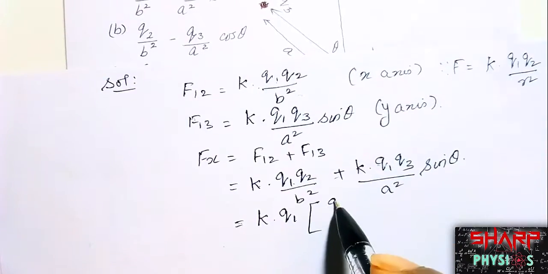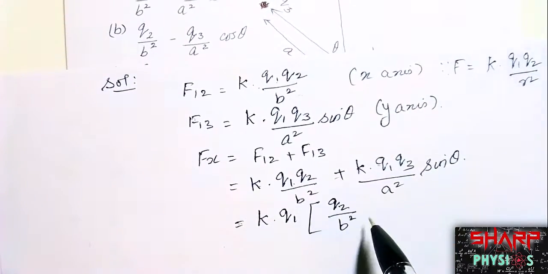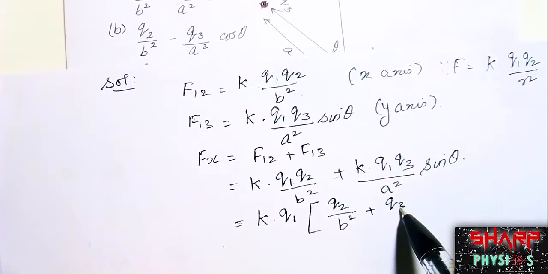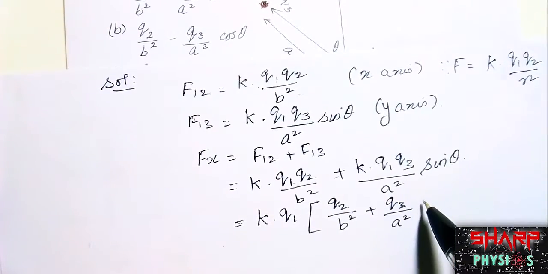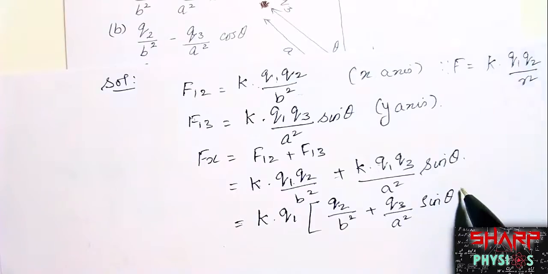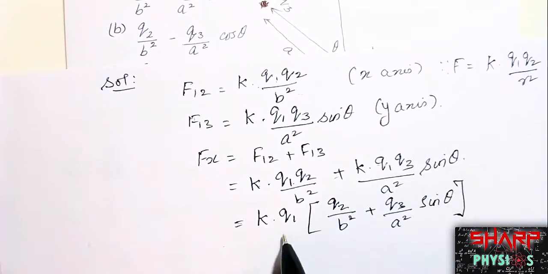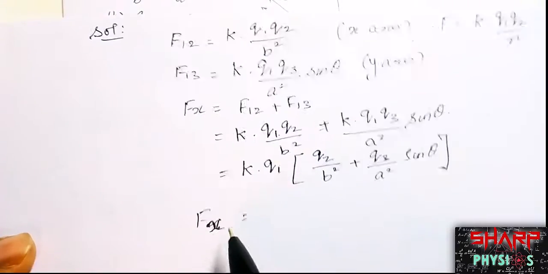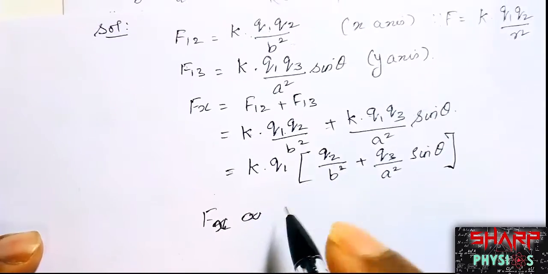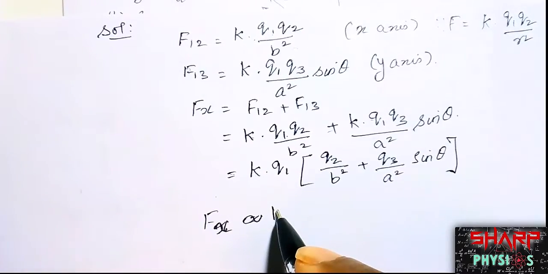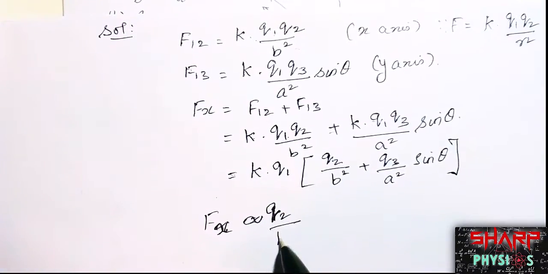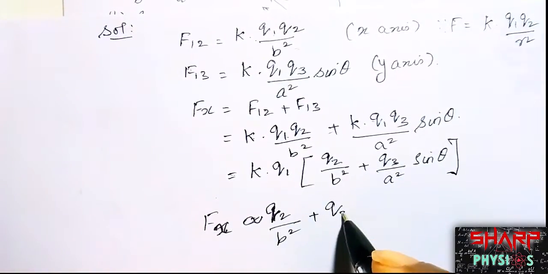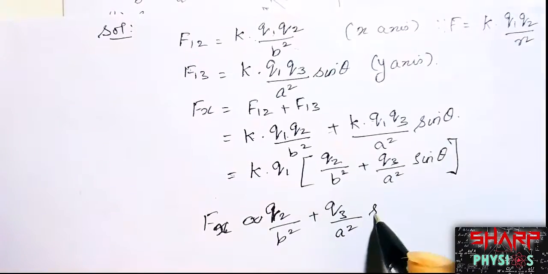You take them outside: Q2 divided by b square plus Q3 divided by a square sin theta. So you get Fx is directly proportional to Q2 divided by b square plus Q3 divided by a square sin theta.